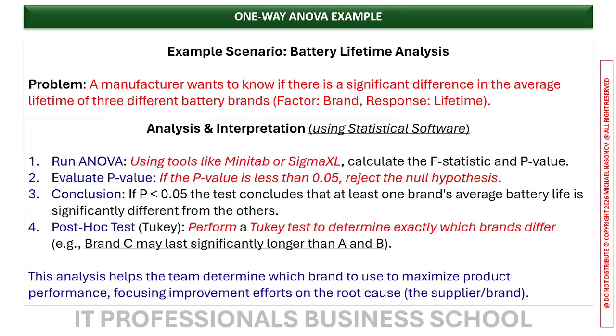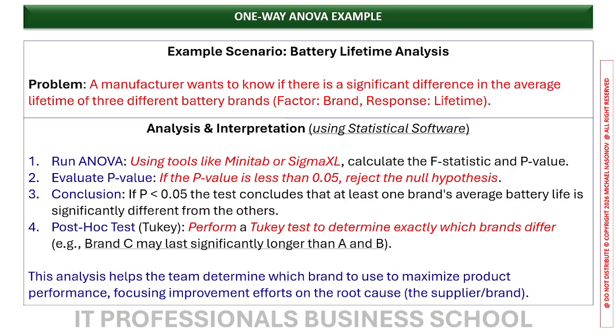Now let's take a look at analysis and interpretation using professional statistical software. First of all, you need to run ANOVA. Attention please, using tools like Minitab or Sigma XL, calculate the F statistic and p-value. Second, evaluate the p-value.